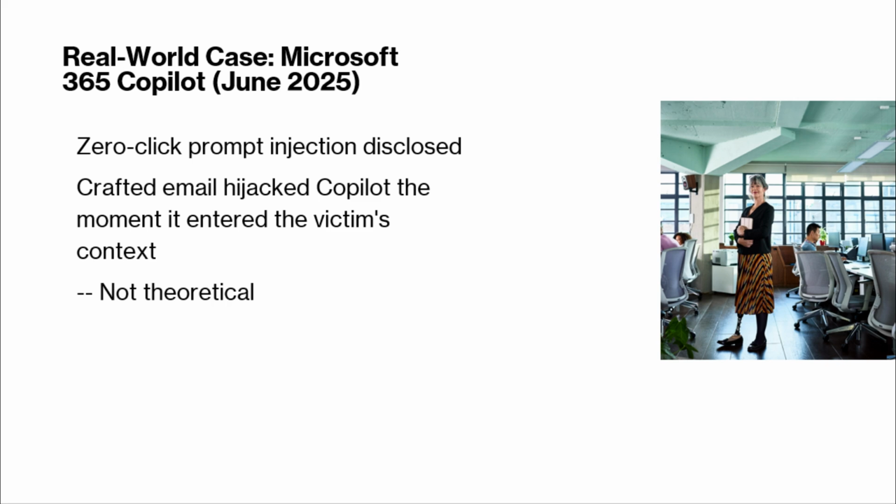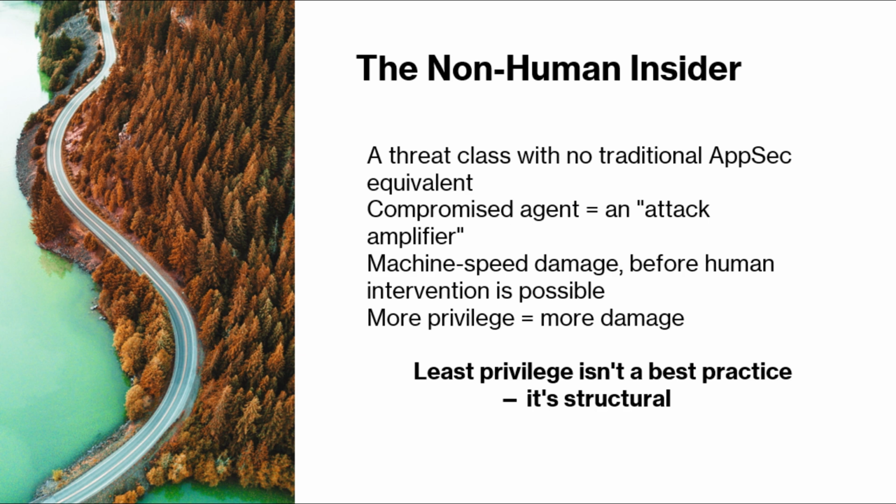A real-world example of exactly this attack was disclosed in June 2025 when a zero-click prompt injection against Microsoft 365 Copilot. A crafted email hijacked Copilot the moment it entered the victim's context. This is not theoretical.